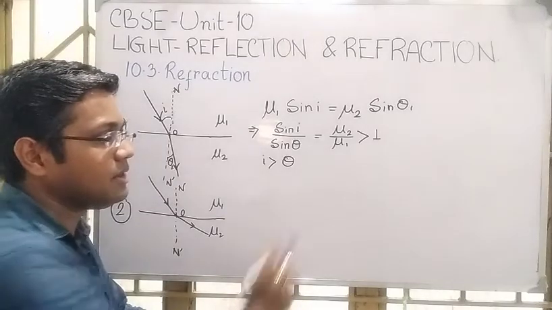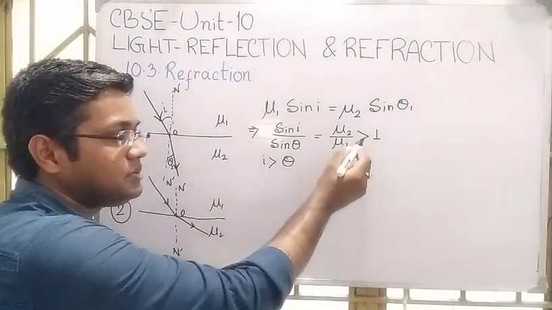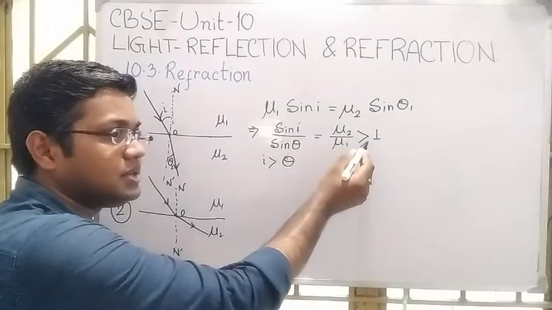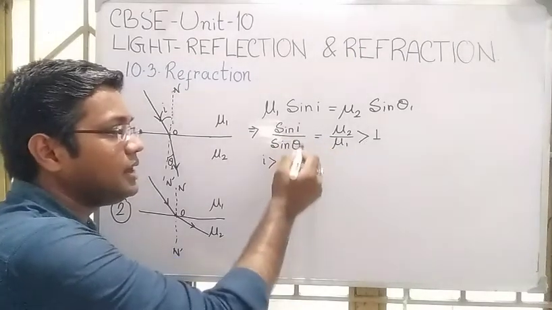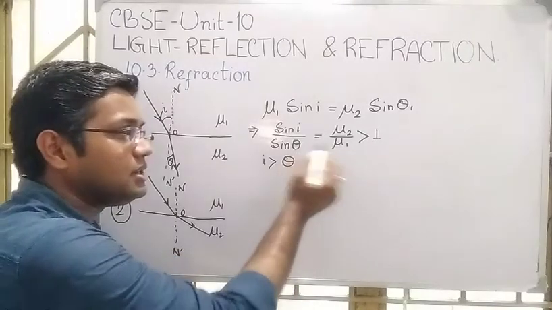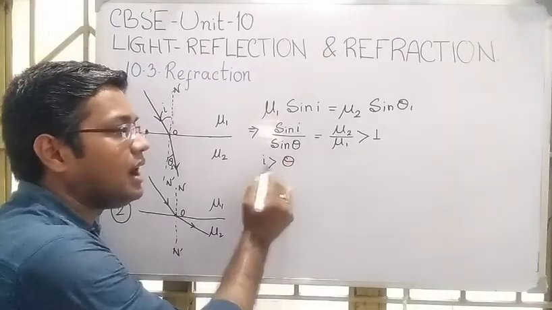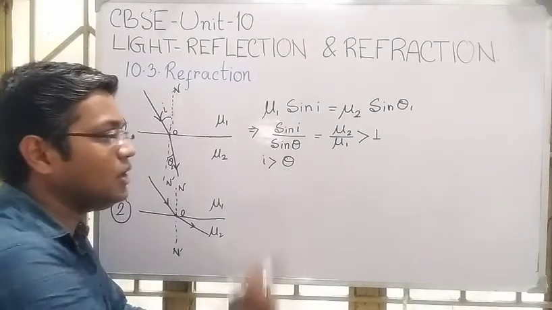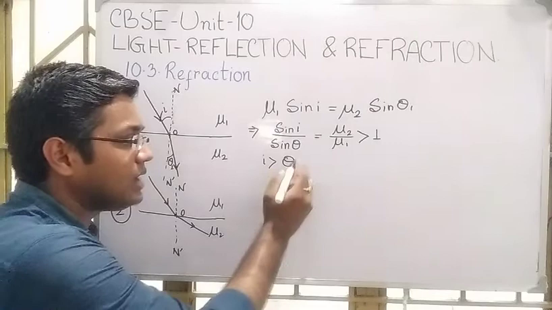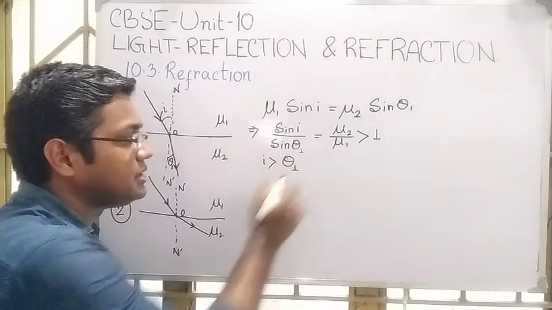Mu2 greater than mu1, then mu2 by mu1 is greater than 1. So sin I by sin theta is greater than 1. So sin I is greater than sin theta and I is greater than theta. So the angle of incidence is greater than the angle of refraction here.